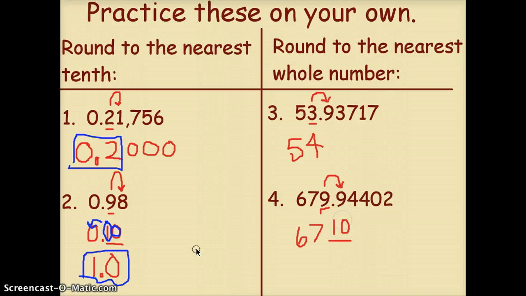We're going to do the same thing that we did in this problem. We're going to keep the 0 where it is, so the 0 is going to be in the spot all by itself. And then this 1 is going to carry over to the 7. It's going to go up a place. So my final answer is going to be 680.